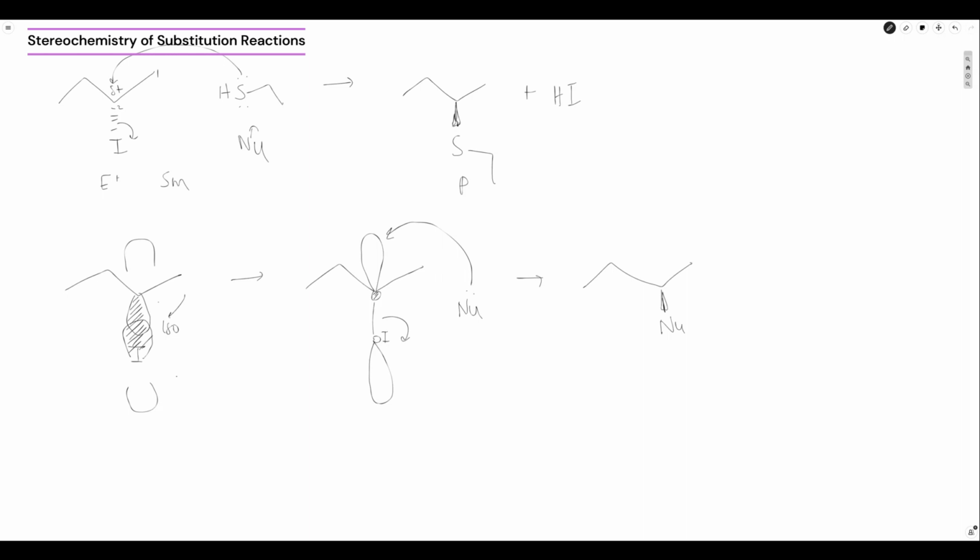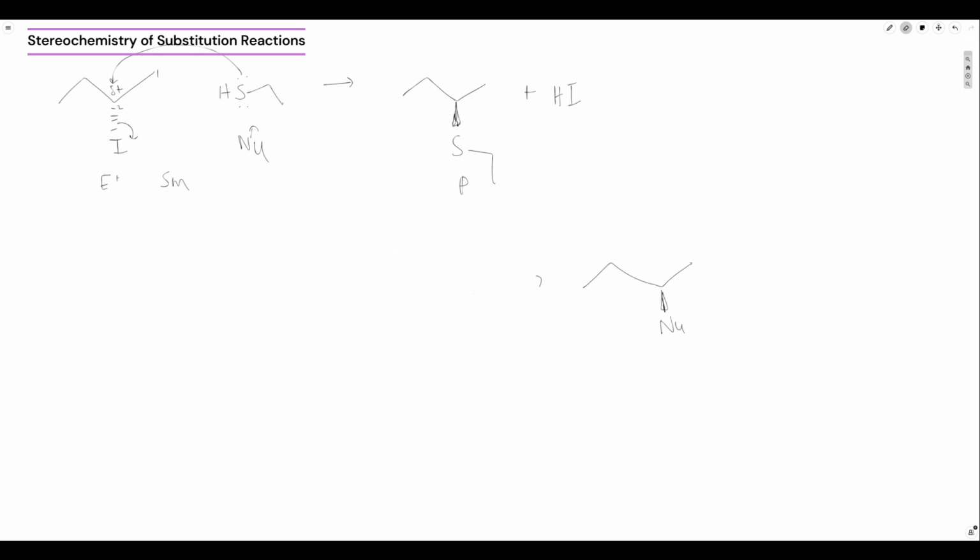It's because the geometry of the orbitals is such that the anti-bonding orbital extrudes from the back side of the carbon leaving group bond. And this is actually the reason that the nucleophile attacks from the back. And by attacking from the back, obviously, we can see that quite clearly it's going to invert the stereocenter. And so the conclusion to draw here is simply that with SN2 reactions, a couple of things to remember.